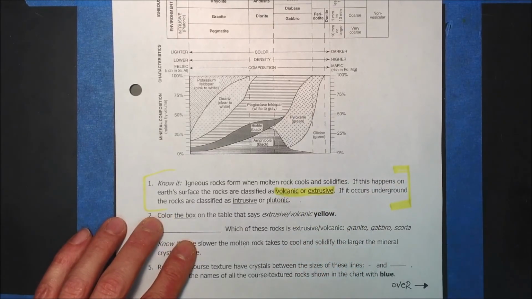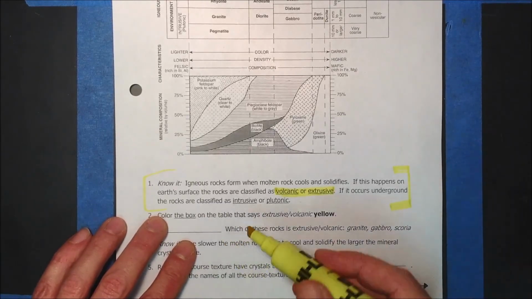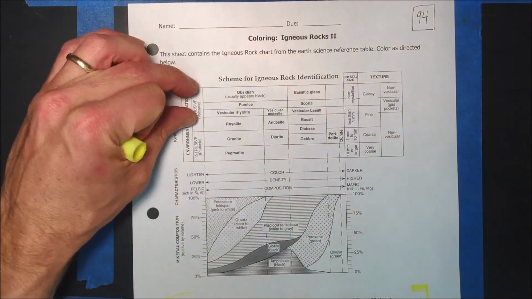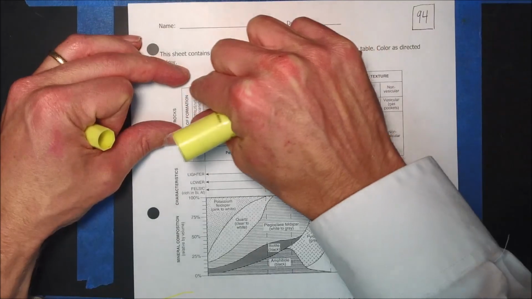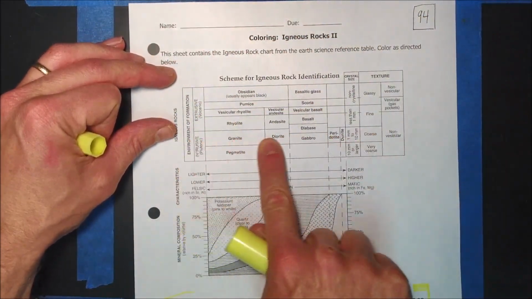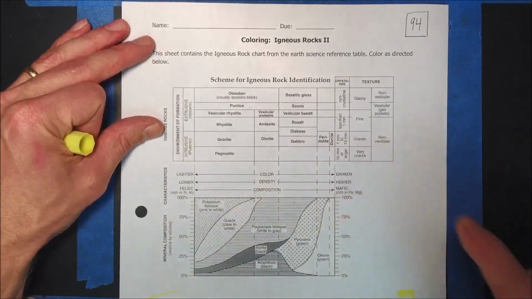If it occurs underground, the cooling and solidifying is called intrusive or plutonic. And this is where they're located here. All of these rocks here are considered the extrusive or volcanic rocks, and all these rocks here are intrusive, which means they formed underground, they cooled from a liquid underground.